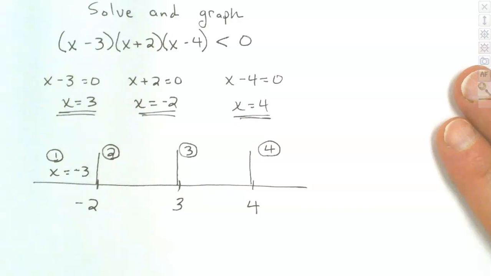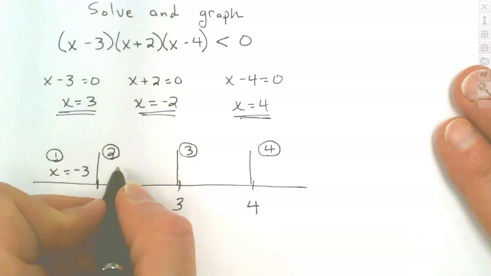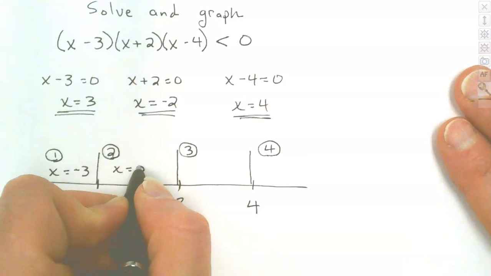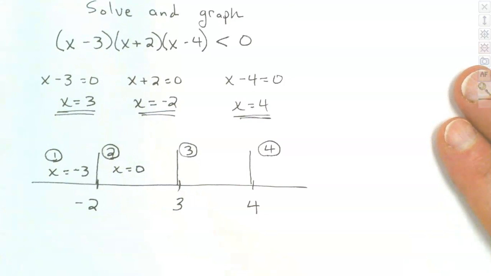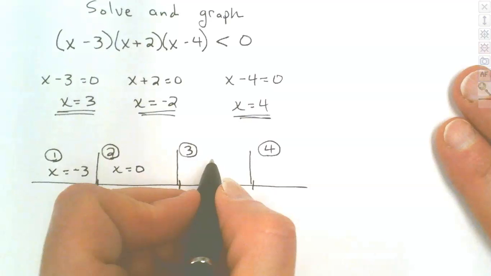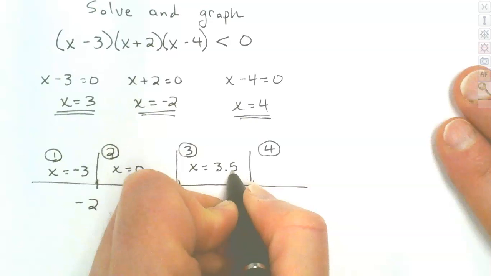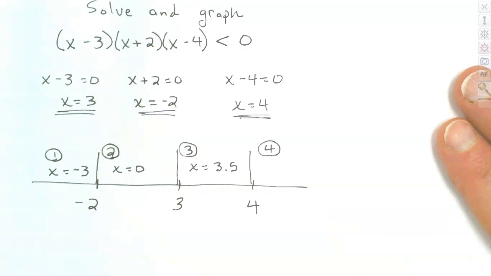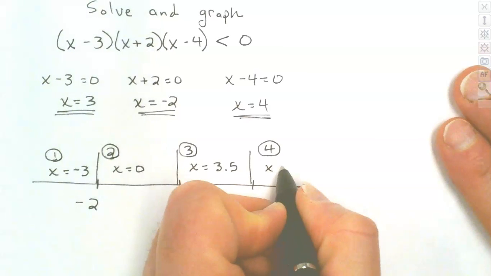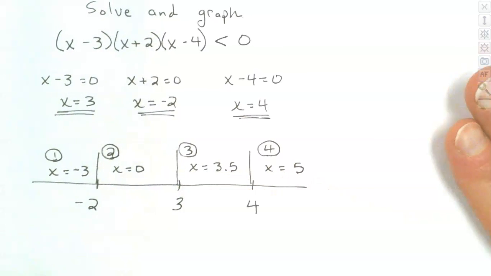We need a number in between negative 2 and 3. 0 will be in there. That's easy to work with. We need a number between 3 and 4. There's no whole number, so I'm going to use a 3.5. And then we need a number bigger than 4. So we'll use a 5.